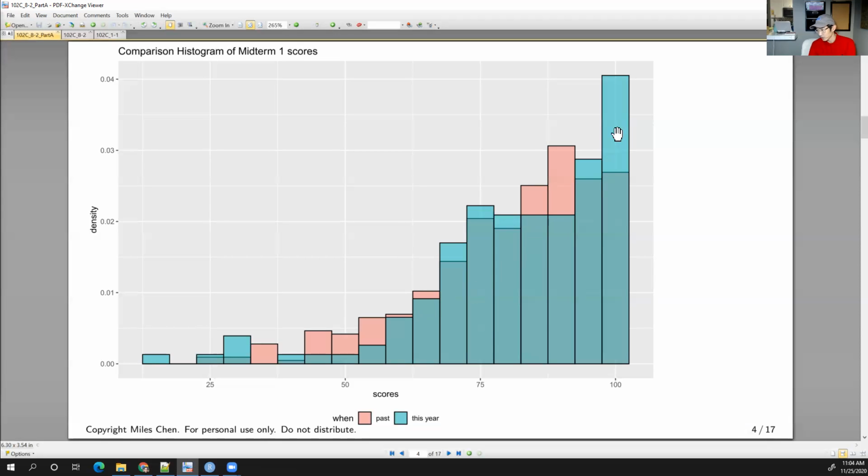Looking at the distribution of grades, in my opinion, they align quite closely. If anything, this year we have a few more people scoring 100 or near 100. But overall, this year aligns very closely with previous years.